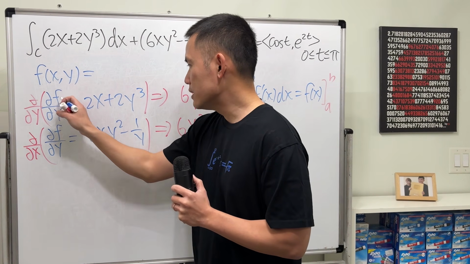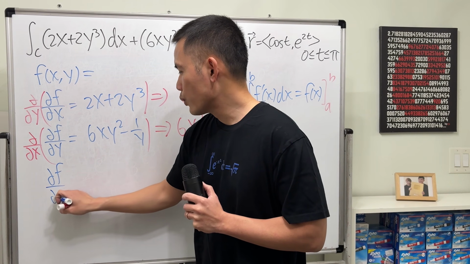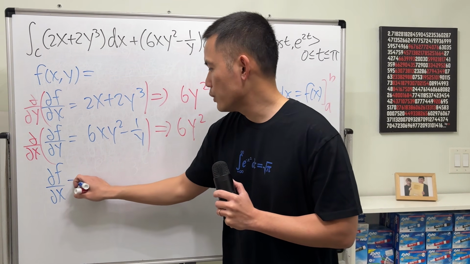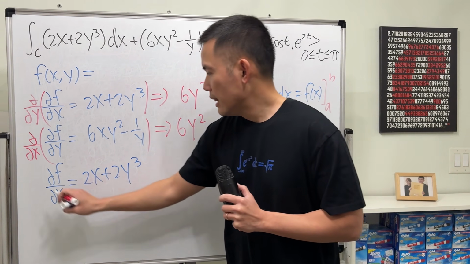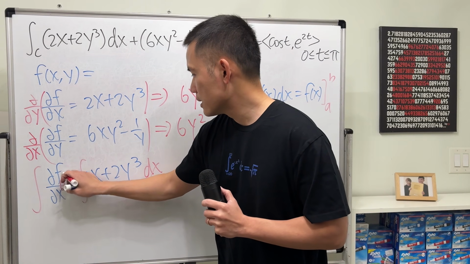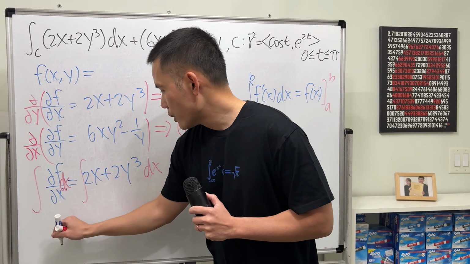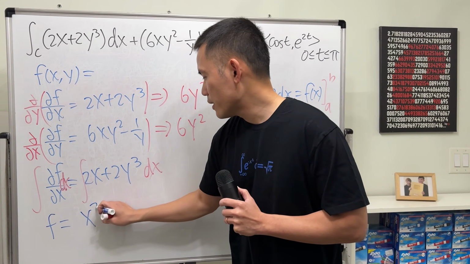Okay, let's begin with this idea. You can start with either one. If you have a function whose partial derivative is equal to 2x plus 2y to the third power, let's just go ahead and integrate this with respect to x. In that case, it looks like we have our f. Integrating this, we get x squared.